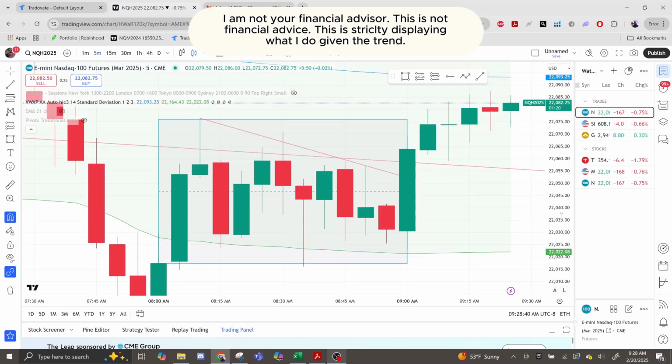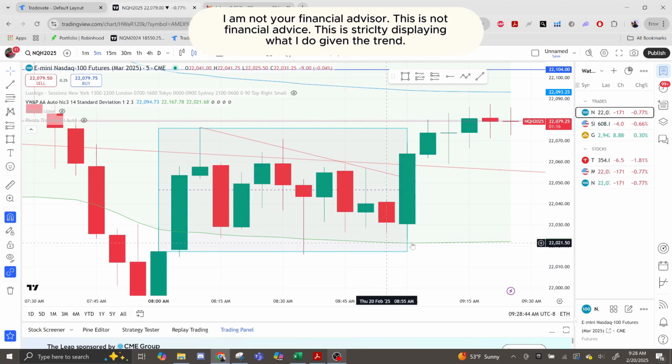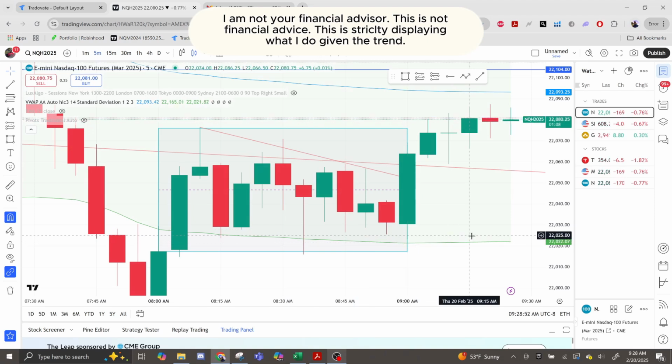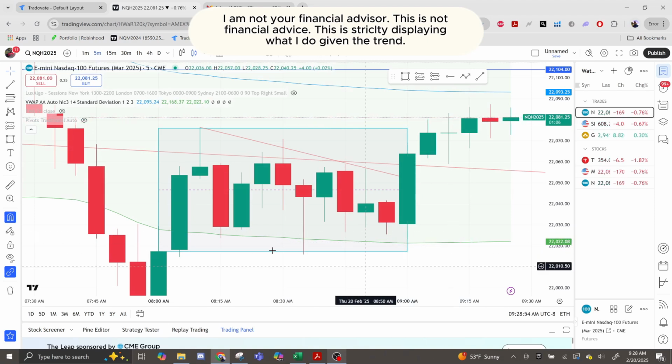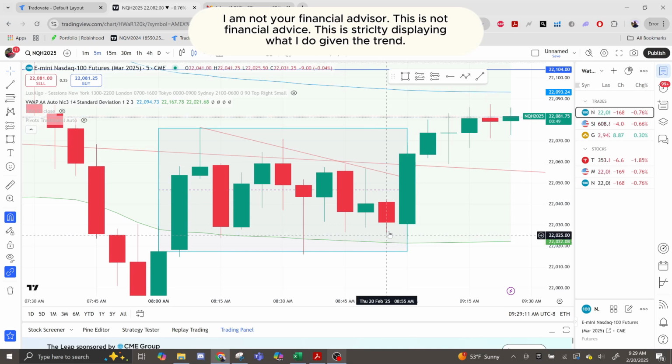But see, it uses some sort of support. Obviously, I'm not the one who created this, so I'm not 100% sure how this VWAP zone works. However, you can see that it's pretty good about finding the bottoms and using that as sort of some support here.